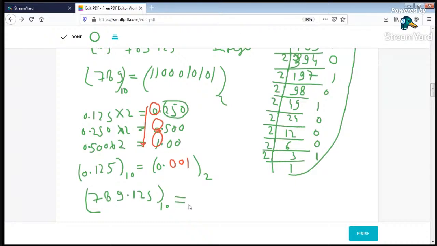First, the binary of 789: double one, double triple zero, 10 10 101. Then the fractional part is 0.001 in base 2. So this is the final answer.